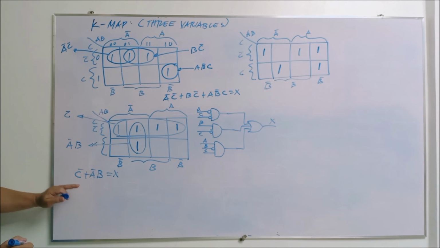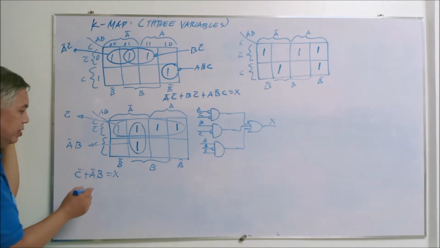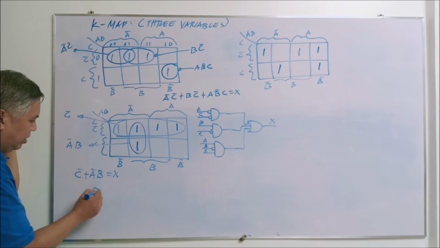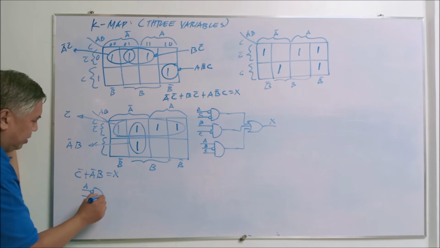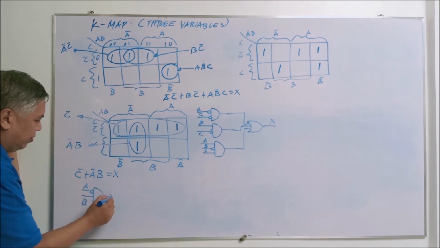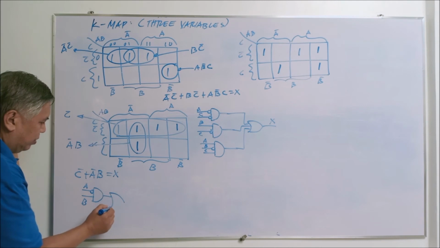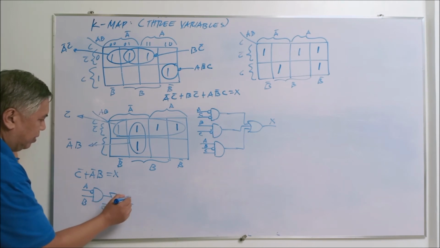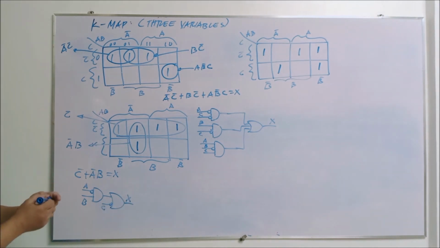A bar B plus C bar is equal to X. It's the same equation. So what will be our logical circuit equivalent? So you have A bar B, and this is being ORed to C complement. That will be your X.